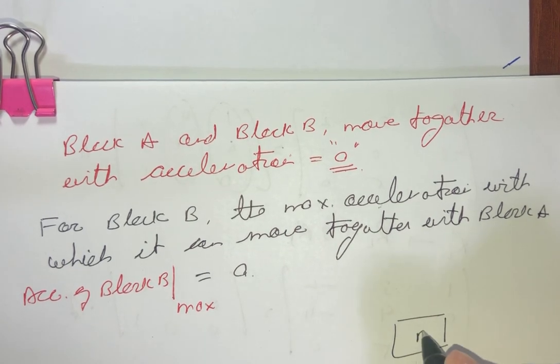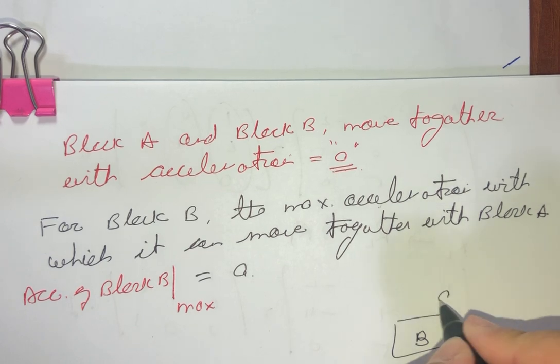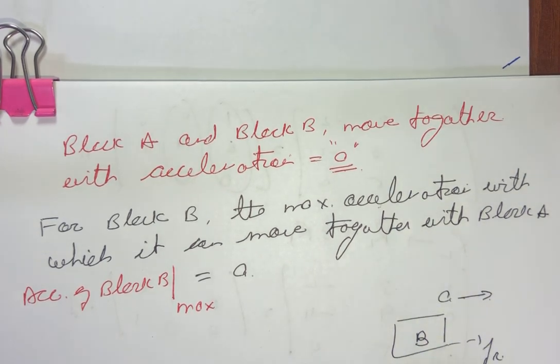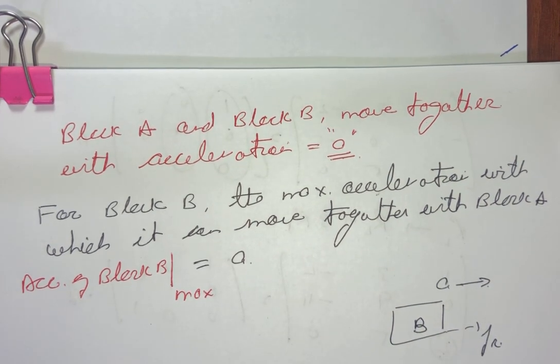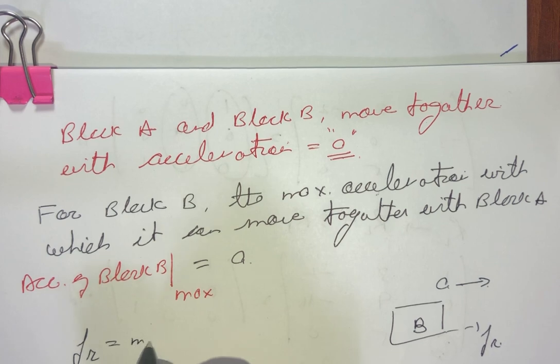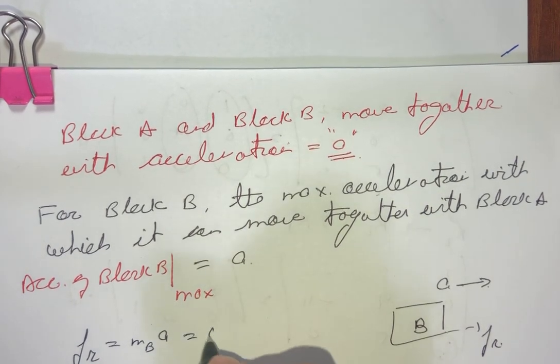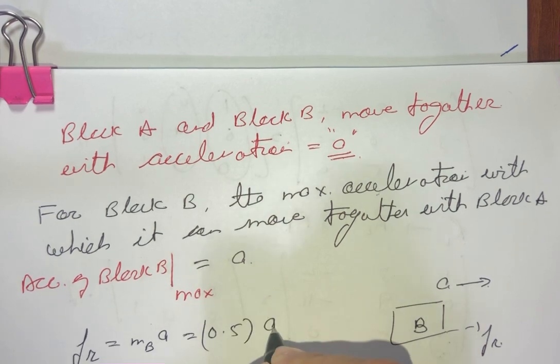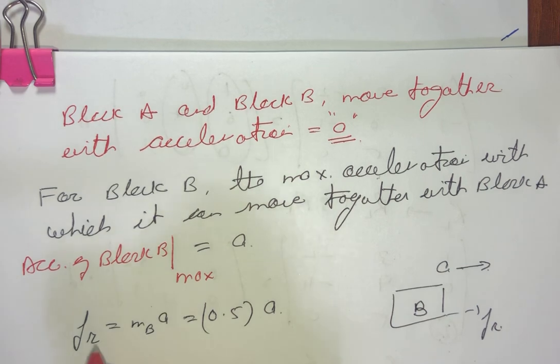So this is block B. This is Fr moving towards the right with acceleration a. So we can write that Fr is equal to mB multiplied by a. mB is given as 0.5, so this is 0.5 multiplied by a, and we already know the value of the friction Fr1.